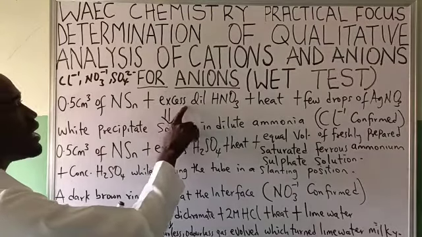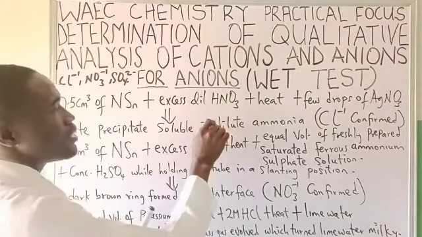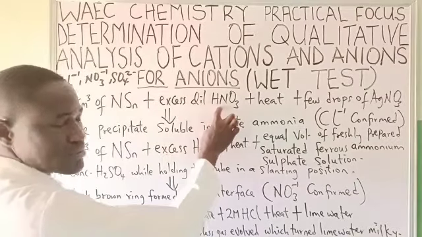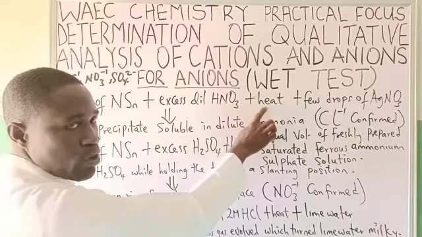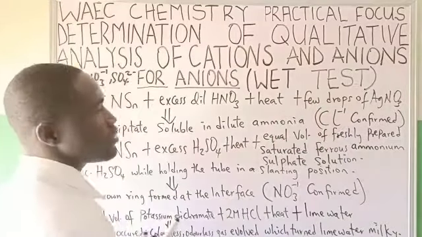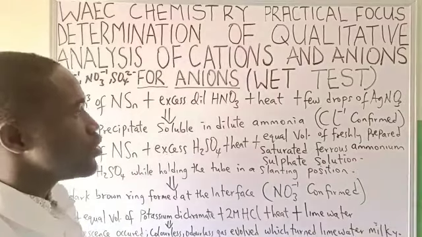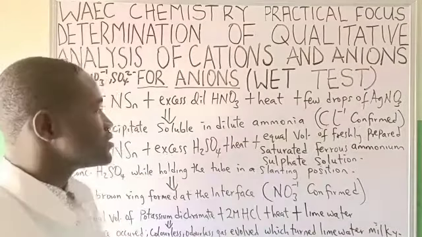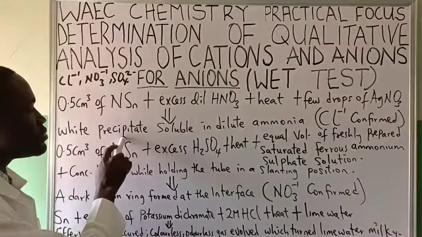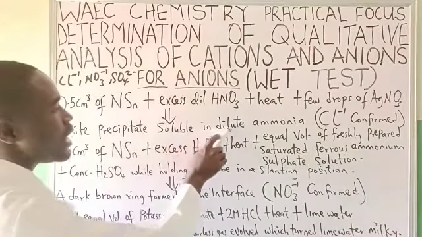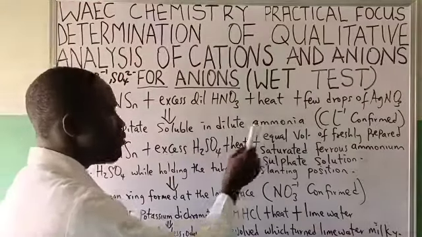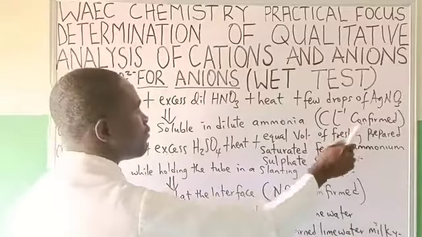So when you have added excess dilute HNO3 and confirmed with blue litmus paper that it is in excess, heat it a little, then put a few drops of silver nitrate. When the preparation gives you a white precipitate soluble in dilute ammonia, it means this is confirmed.